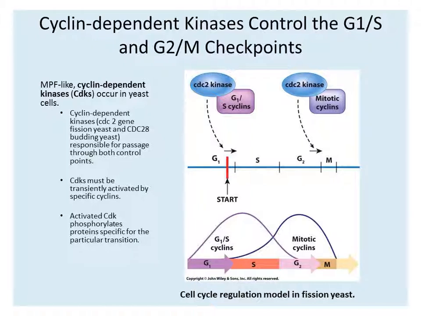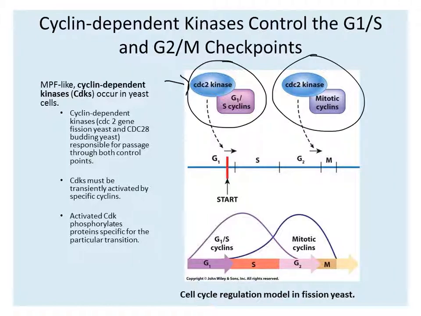Yeast is a really good model system. It's a simpler eukaryotic cell. And what they found, looking at yeast cells, was that there were 2 different kinase and cyclin complexes that were critical for progression through the cell cycle of yeast.